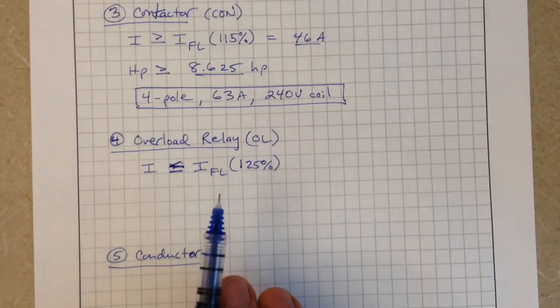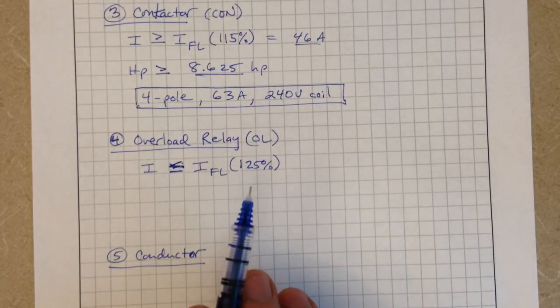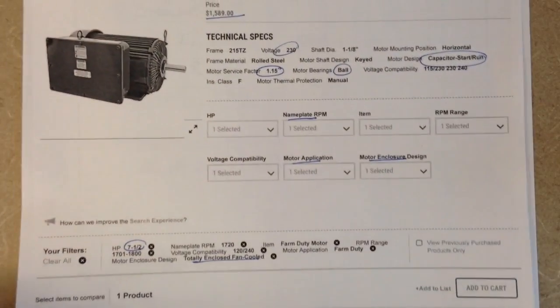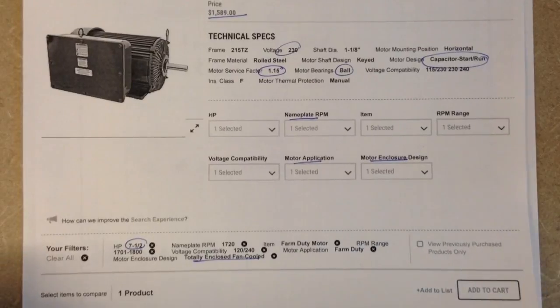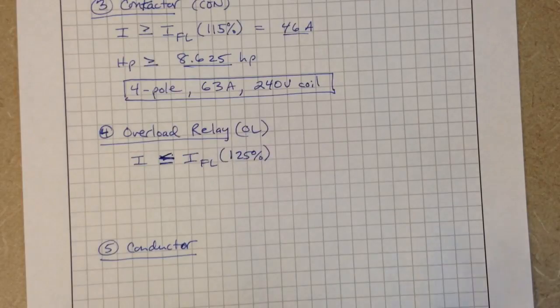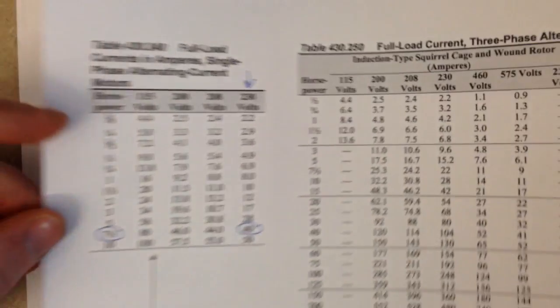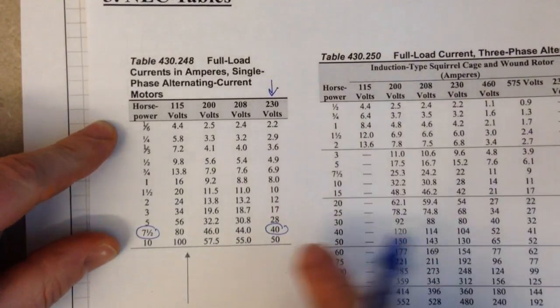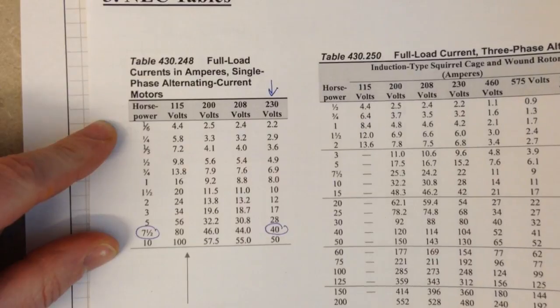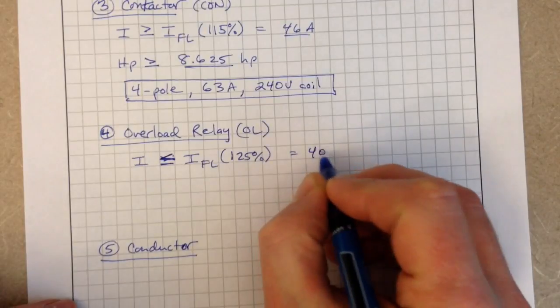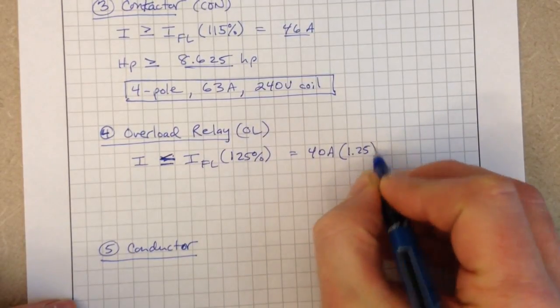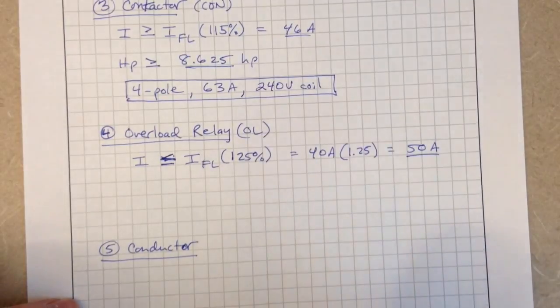I don't have a nameplate current rating in the document online that we show here, so I don't know what the full load current rating of the motor is. I'm going to estimate, and use the full load current from my NEC table. When in doubt, 40 amps. I'm going to base it off the 40 amps. So my 40 amps times 1.25, I have a 50 amp value I need to consider.